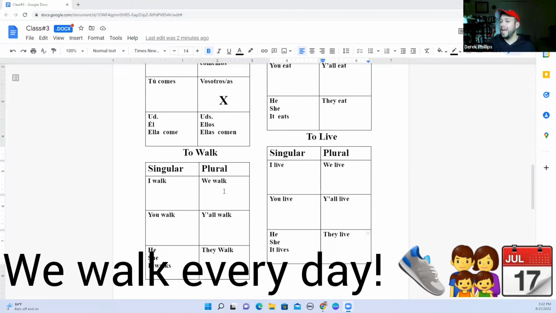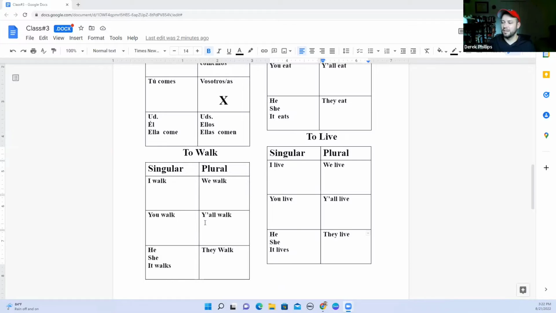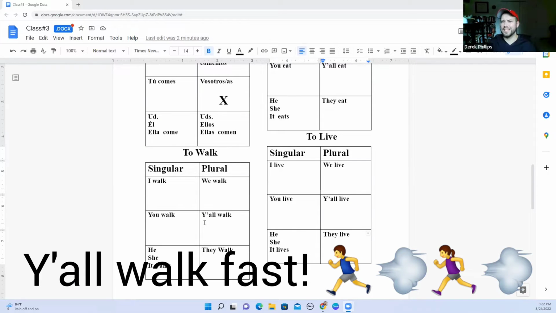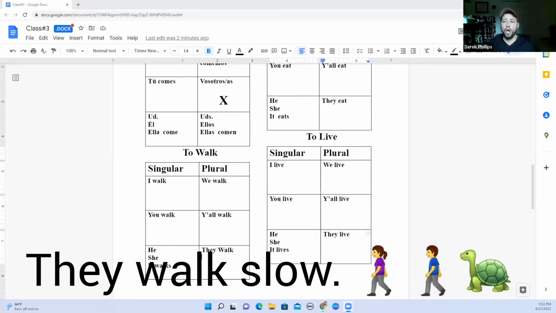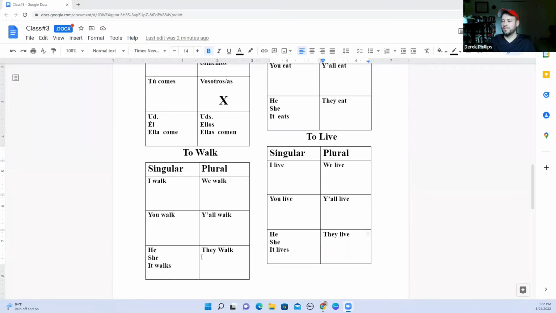We walk every day. Y'all walk fast. They walk slow. Try to think of some examples you can practice. Use places you already know.